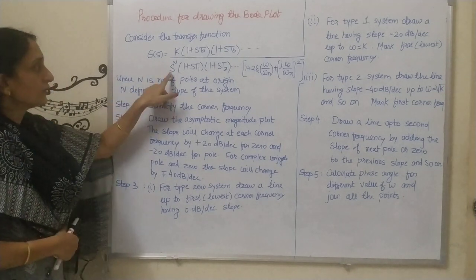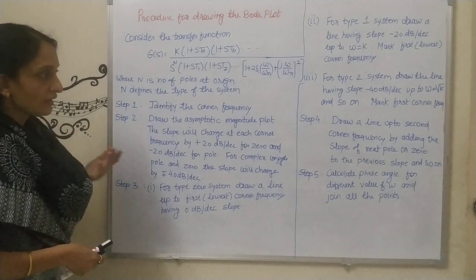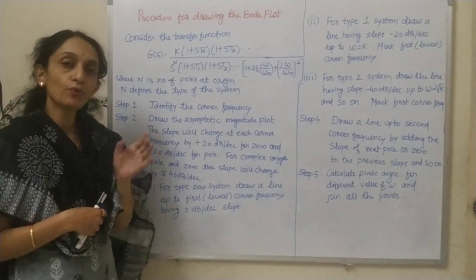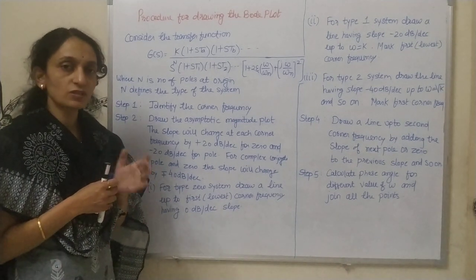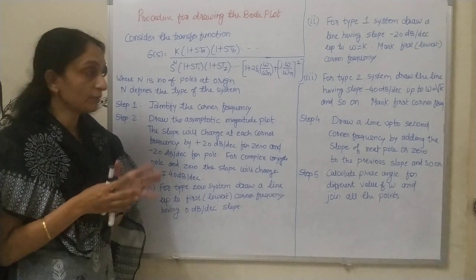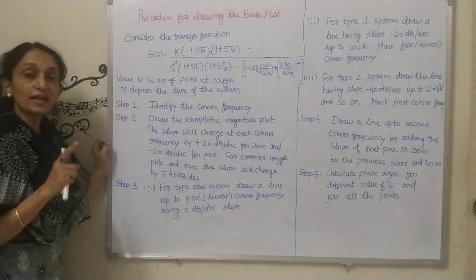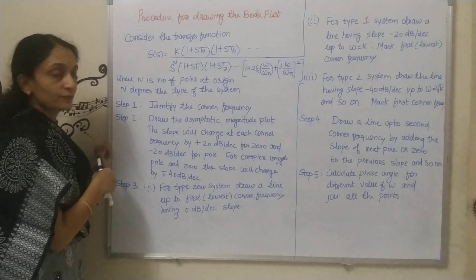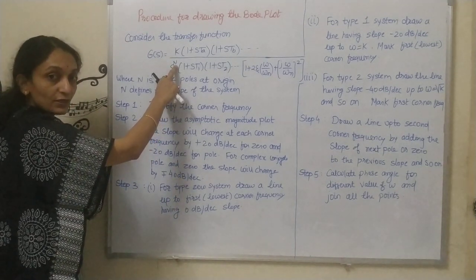Now see here, s raised to power n is there. Now in next class we will be solving Bode plot depending on type of the system. So you need to remember the procedure, and for that first of all you will calculate the type of the system from the transfer function. Look at this here, n is nothing but the number of poles at origin.